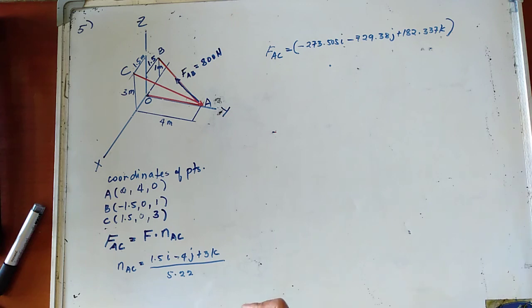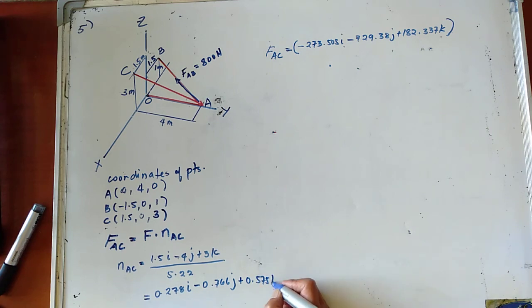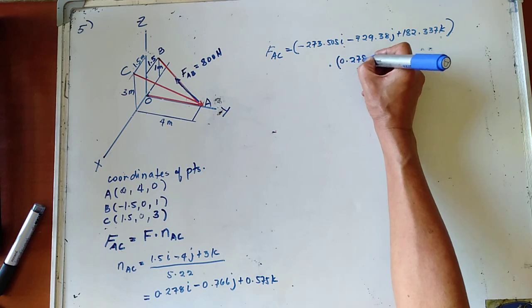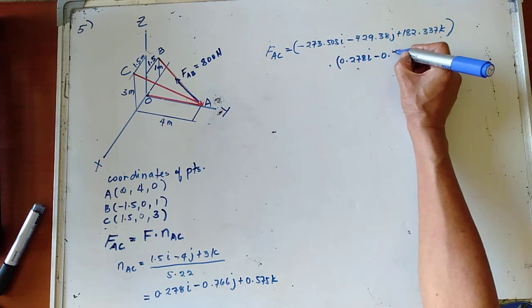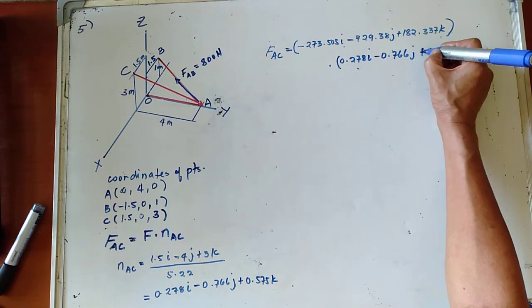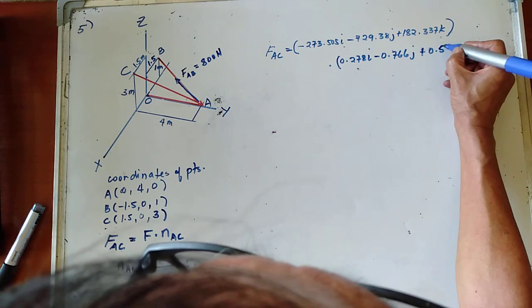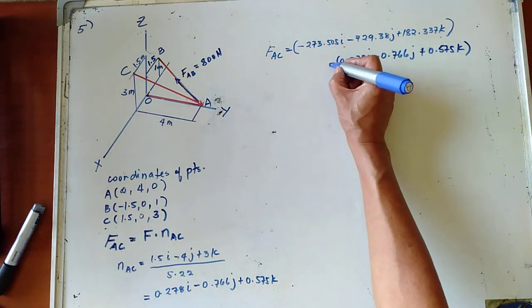The unit vector AC is 1.5 over 5.22, which is 0.278i, minus 4 over 5.22, which is 0.766j, plus 3 over 5.22, which is 0.575k.